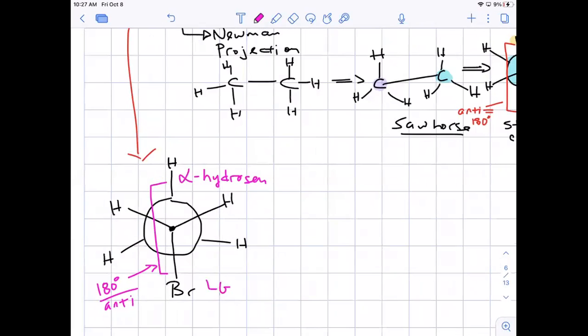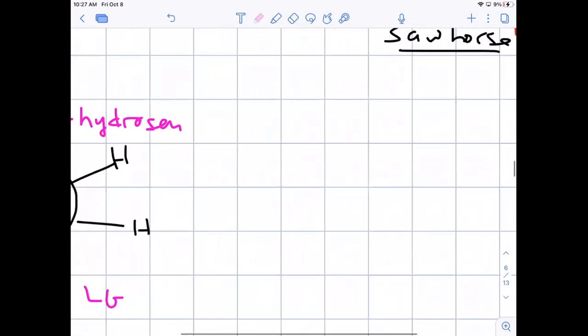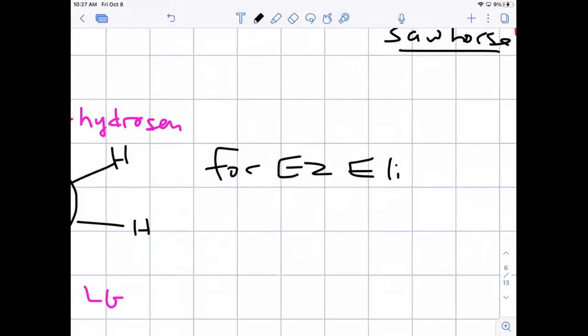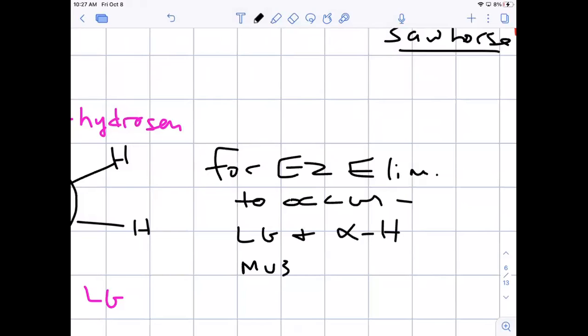They have to be 180 degrees from one another. So for E2, the leaving group and the alpha hydrogen must be anti-periplanar.